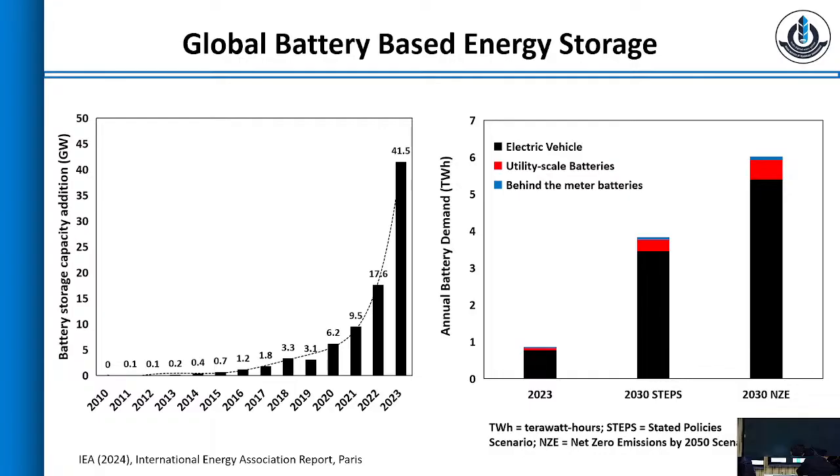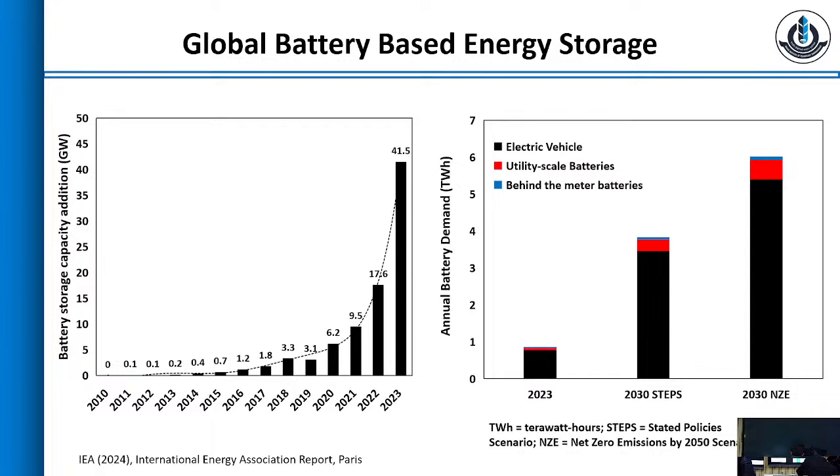In recent years, what is happening to battery-based energy storage? Before this, most of our energy storage was in the form of fossil fuels. Till now, the majority is still based on fossil fuels like coal, oil, or gas.